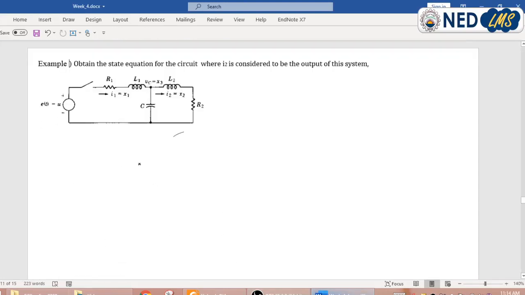Okay, this is the third example of an electrical system in which you want to obtain the state equations of the system here, and here I2 is considered the output of the system. I2 is basically the current through inductor number 2.